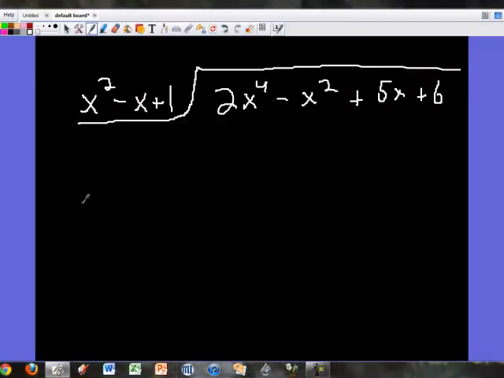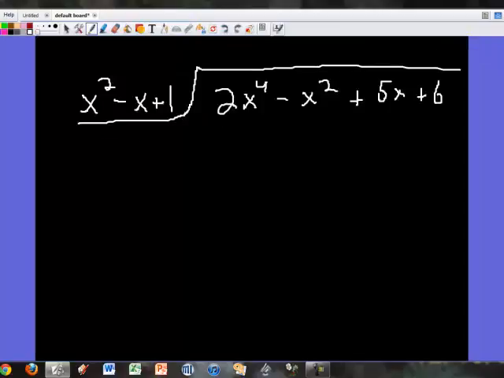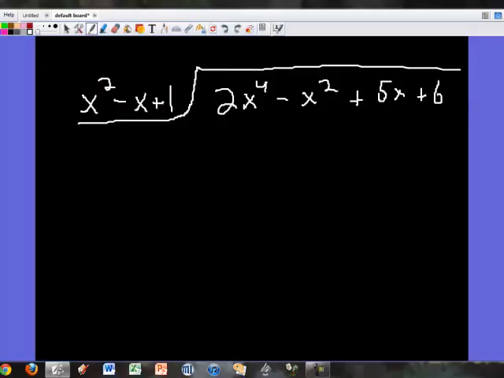So I'm going to go over here. Let's go to a fresh page. You can see it better. So you had 2x to the fourth. Since we're missing x to the third, put it as plus 0x cubed. And the rest just copy down.